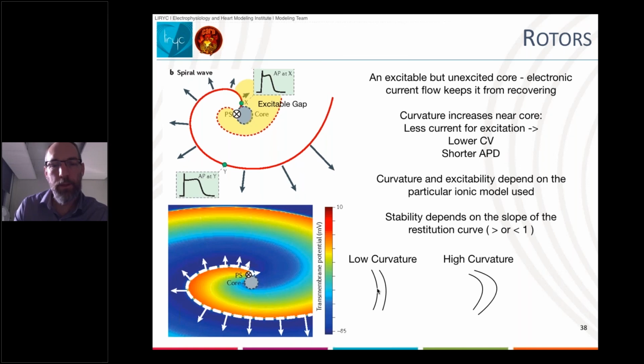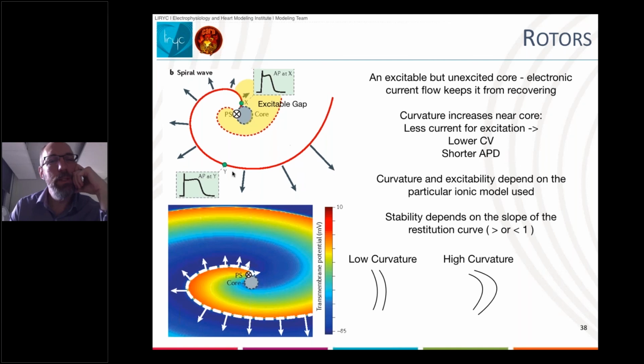So there's more current. On the other hand, if you have high curvature, then as the wavefront propagates, the wavefront gets bigger. That means that a cell has to excite 2 or 3 cells ahead of it. That means it's going to take longer to excite, and it might break down, but at a minimum, it will be slower.